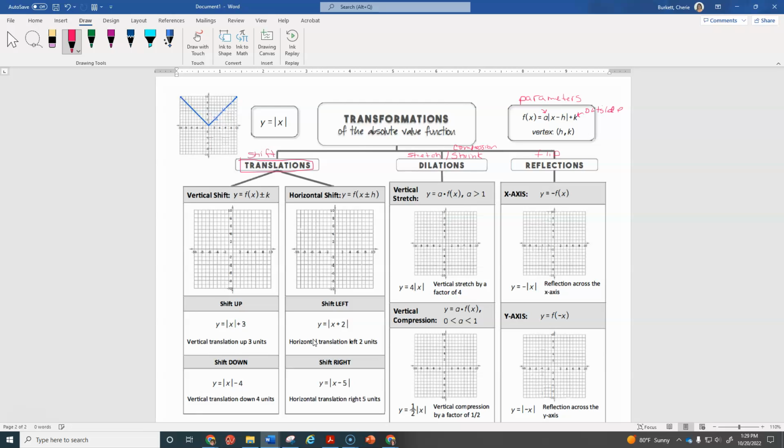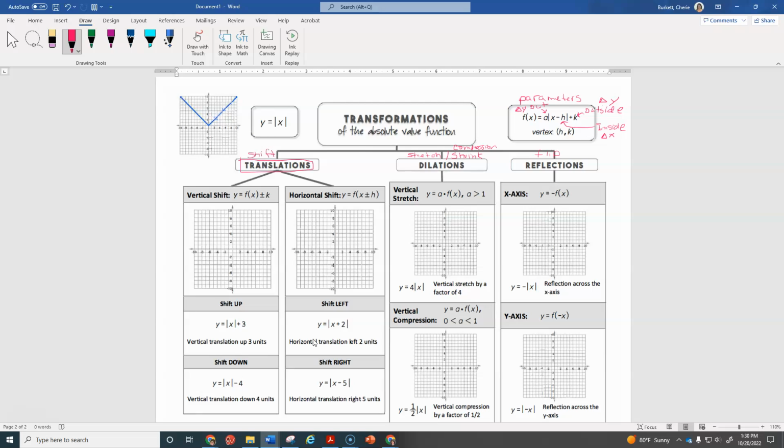It is outside the absolute value bars. This parameter right here, the h, that's an inside parameter. Outside parameters always change the y. Inside always changes the x. And that triangle that I'm drawing is the symbol for change. It changes the x values.